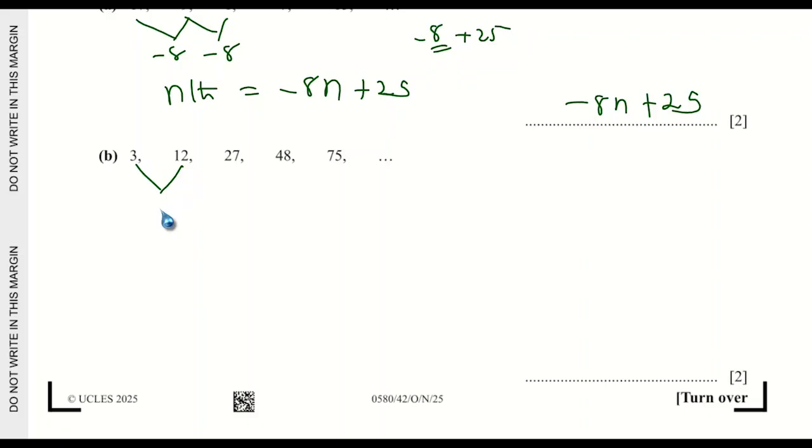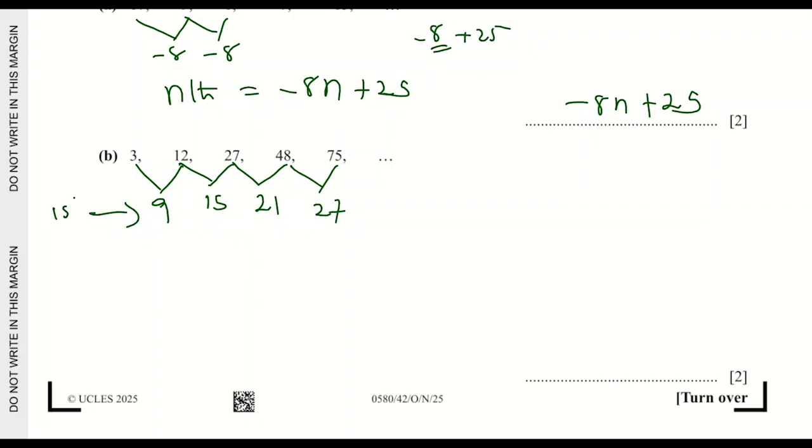So sequence B, let's find the term to term rule. 12 minus 3, you have 9. 27 minus 12, you have 15. 48 minus 27, you have 21. 75 minus 48, you have 27. Okay, you can see that the term to term rule is not constant at the first difference.